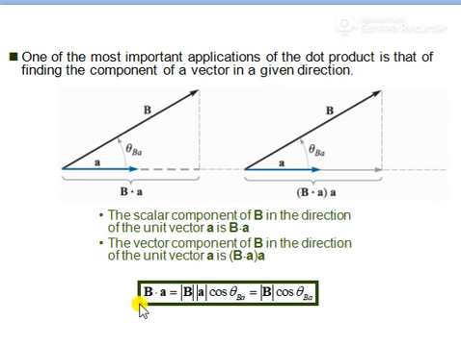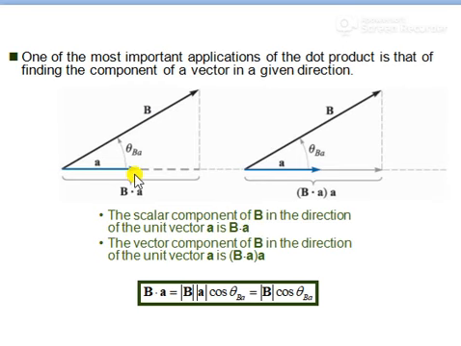Then b dot a is equal to modulus of b, modulus of a, cos of theta b a. It will remain modulus of b cos of theta b a. So here it will give you the scalar component of b in the direction of the unit vector.